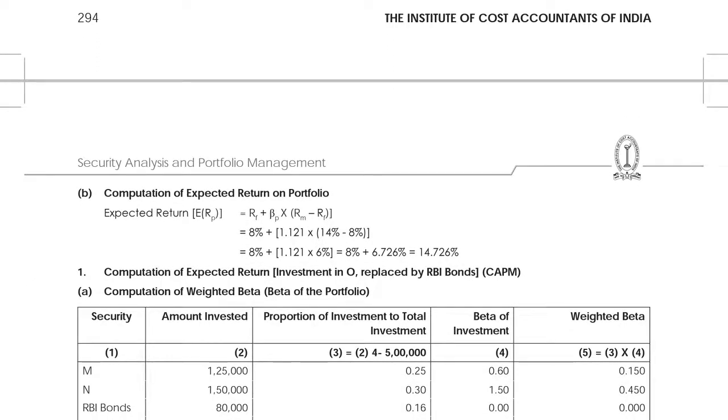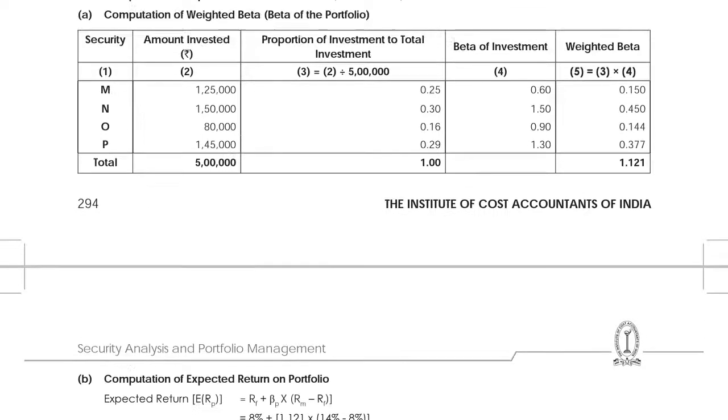Now we have to calculate the expected return in the first scenario. Calculation of expected return for MNOP. The formula: E of RP is equal to risk-free return plus undiversifiable risk of portfolio into market return minus risk-free return. For the 4 together, how much is beta we have calculated?